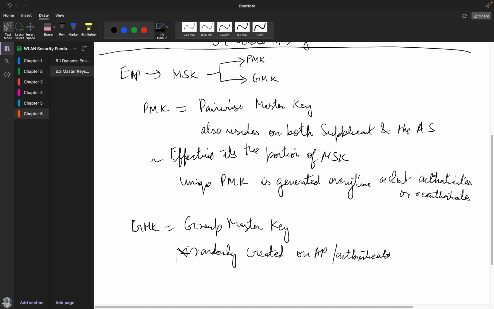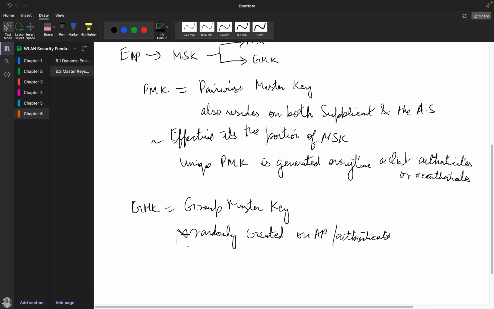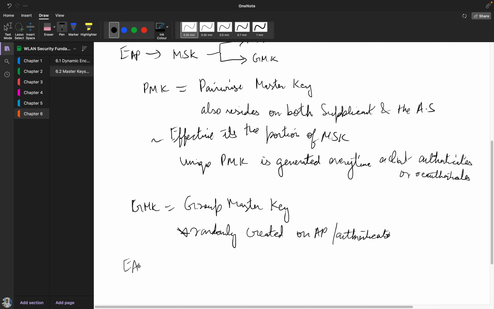Now you need to keep in mind that PMK and GMK are not the keys that will encrypt the 802.11 frames. Okay, still we are not there yet. So EAP brings in MSK, MSK will bring in PMK and GMK, but these two keys are still not used to encrypt and decrypt the unicast frames of the 802.11 exchange, right?